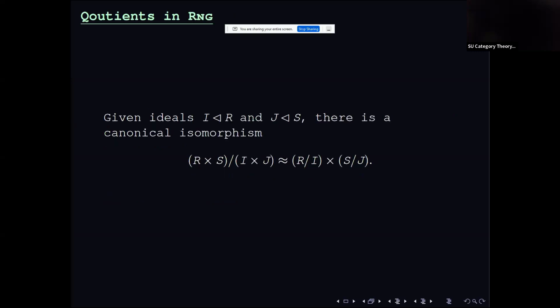And this basic isomorphism exists in other categories. For instance, in the category of rings, we have a very similar isomorphism. So given ideals I of a ring R and J of a ring S, there's this canonical isomorphism, really the same isomorphism and for really the same reasons. And again, also in the category of R-modules, we can quotient by submodules, and for the same reasons, there's this same isomorphism.